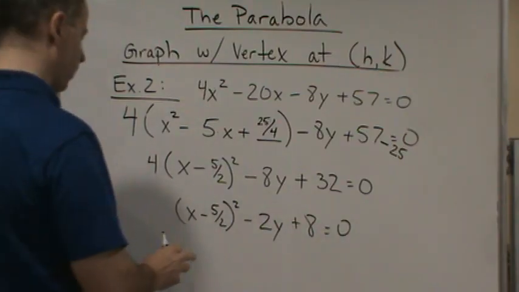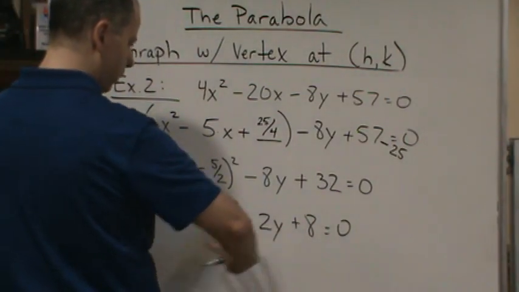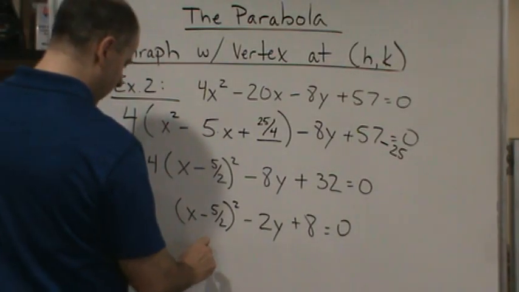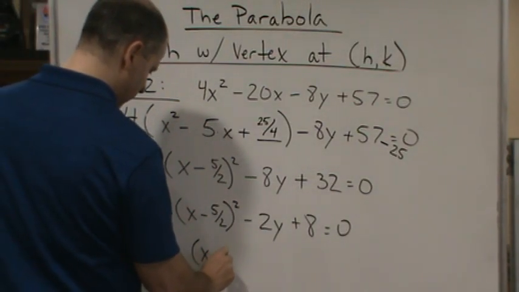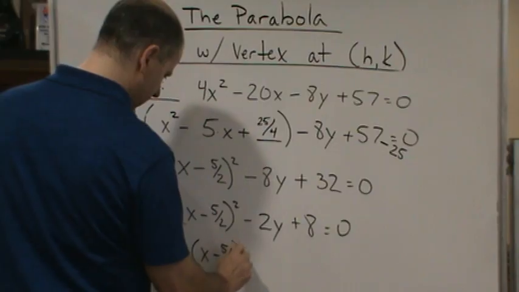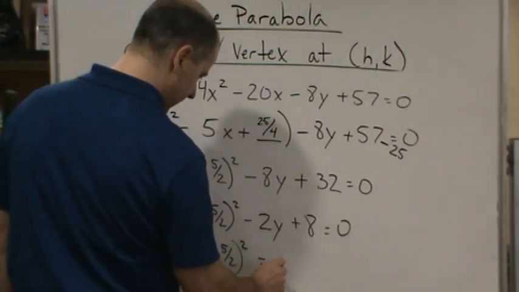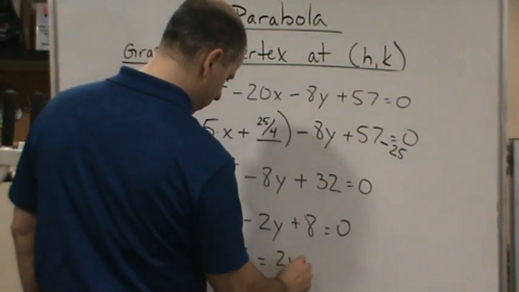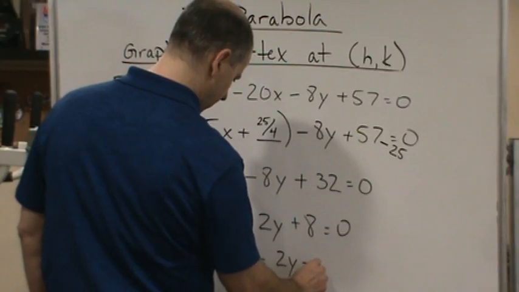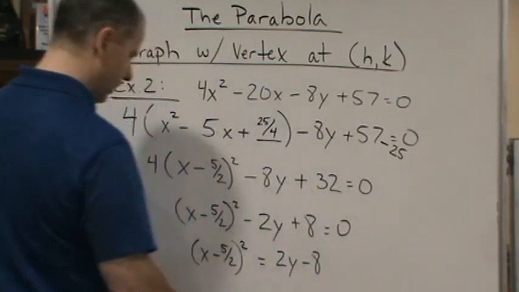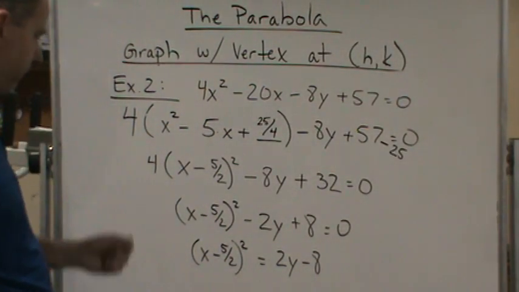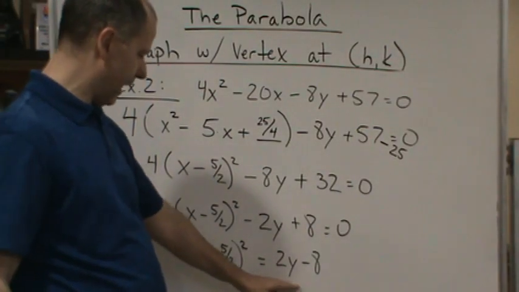Now this is squared, so I'm going to move everything to the other side. So now x minus 5 halves squared is equal to 2y minus 8.